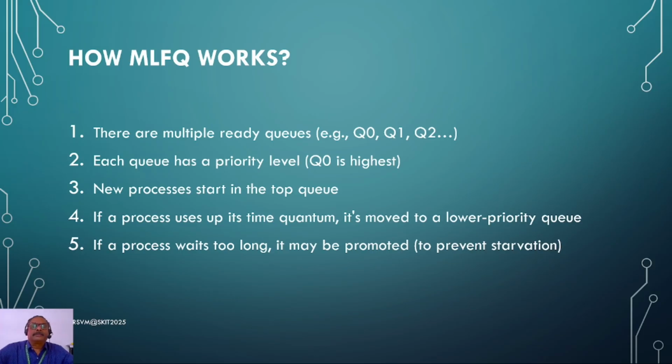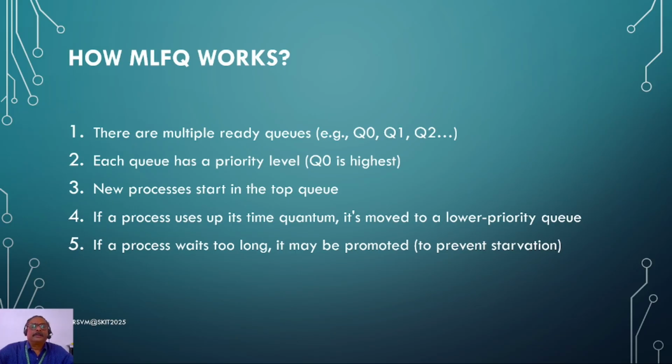So this is happening through feedback. Just observe what is happening. Anything on the top priority queue that is not able to utilize the CPU as per the requirement will be demoted, and any process which is unnecessarily waiting for its turn will be promoted to a higher level, so that starvation can be reduced.